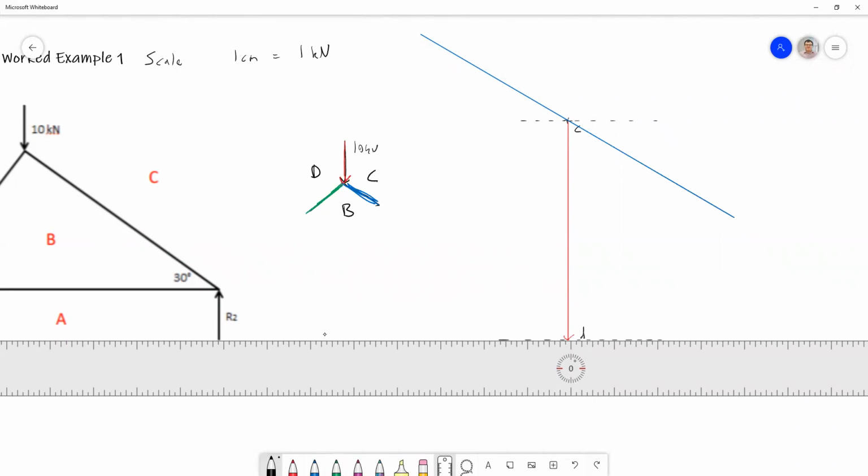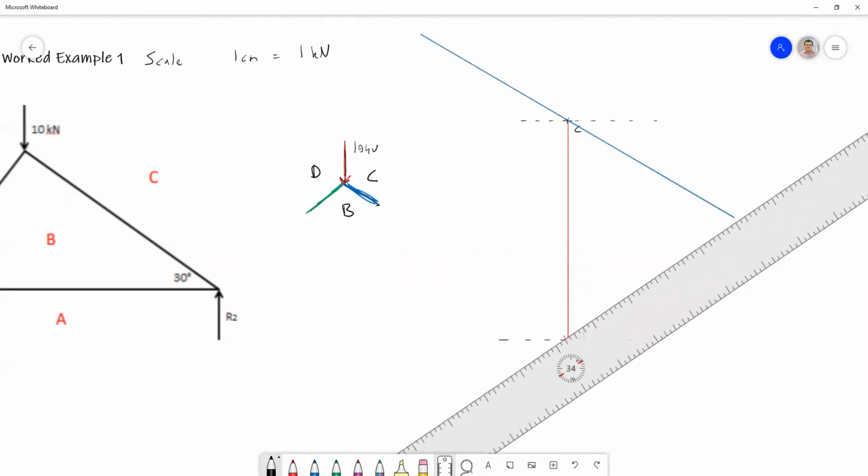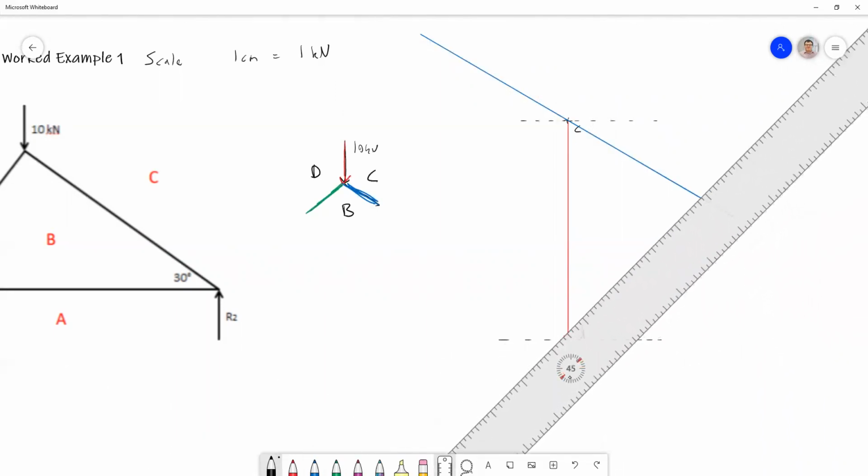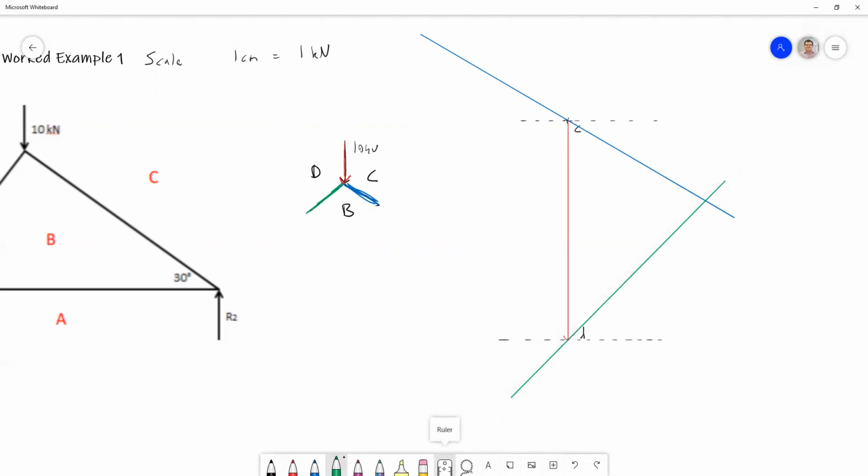And I know this line DB is going to run upwards at an angle of 45 degrees from the horizontal. So I can draw my line in like this. I'll line this up with the end of our external vector. And I don't even need to draw down to the left, because I know it must be coming up to the right, because the only place where the blue and the green lines cross is up here.